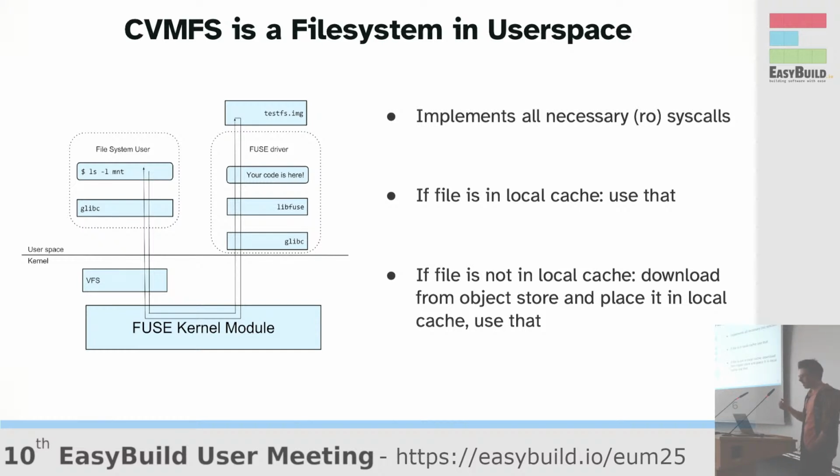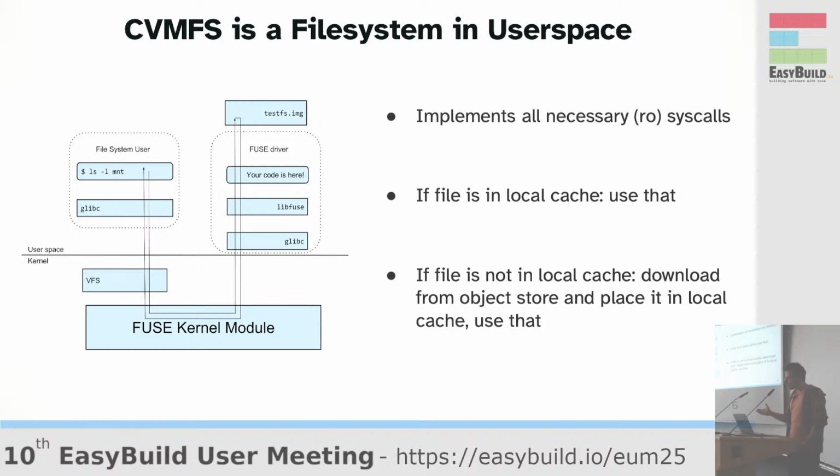As an application, what you do is an ls on CVM-FS, for example, and this will look really just the same. It's running syscalls, and then the fuse kernel module will redirect the syscall to CVM-FS and ask it what to do. And what we want it to do is very simple. If the file that you want is in the local cache, we use that.